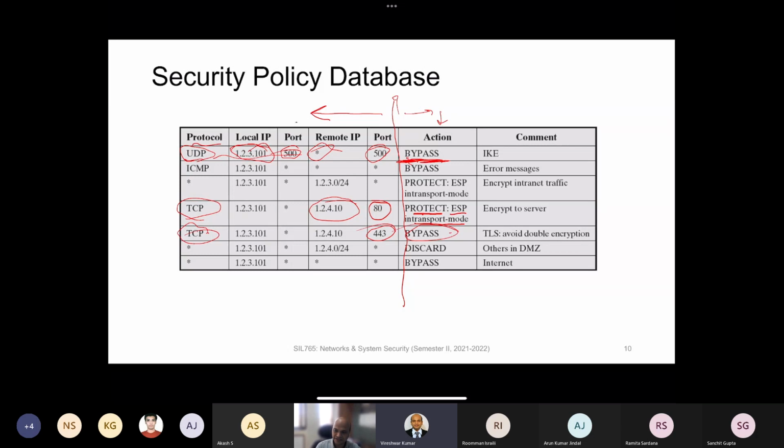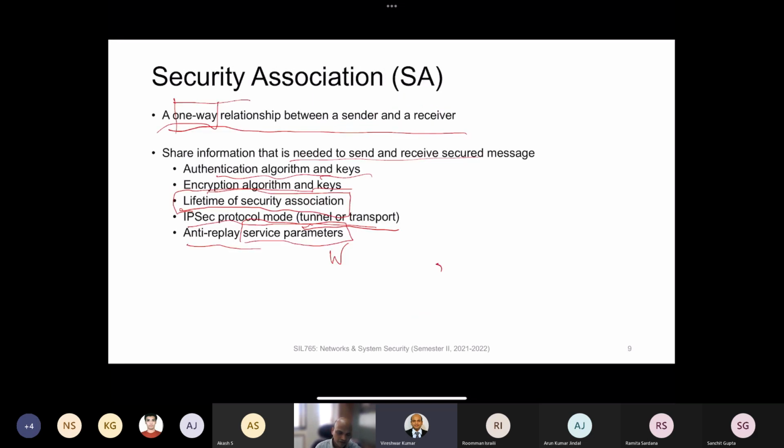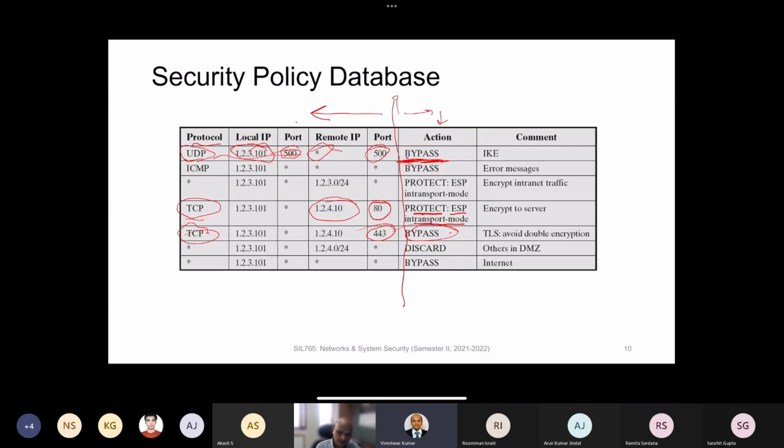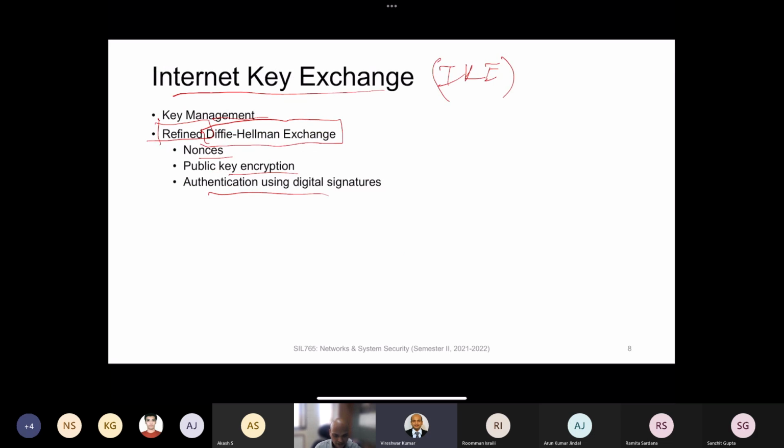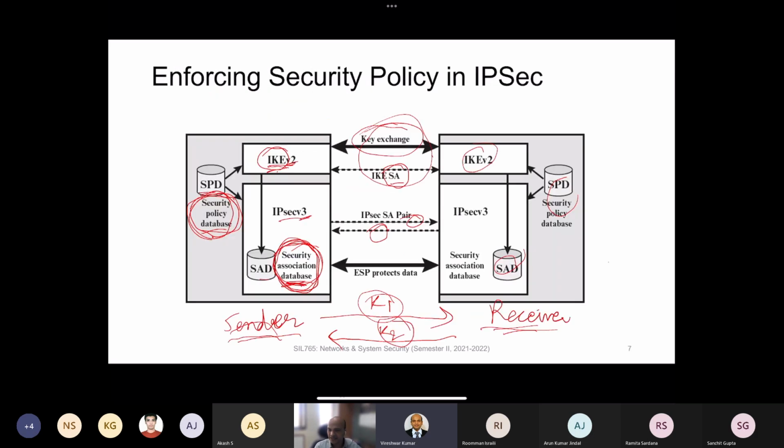You don't utilize IPsec for that packet. So all such information which is packet dependent is part of the security policy database. I hope that now it is clear what is part of the security association database and what is part of the security policy database. So now let me get back to that figure and see if you have any questions related to these different components in IPsec.